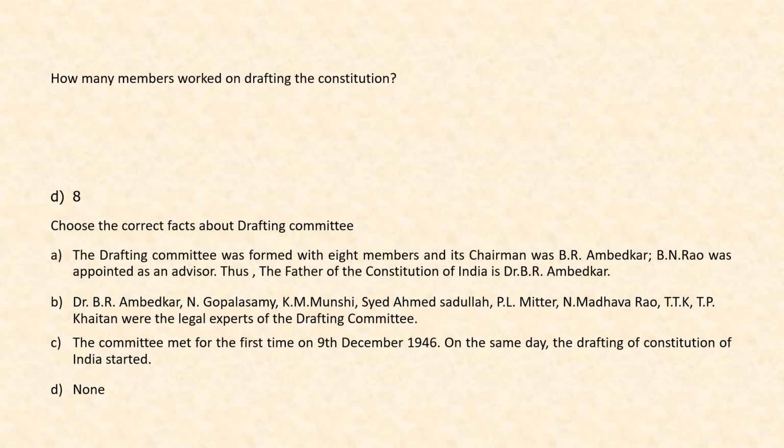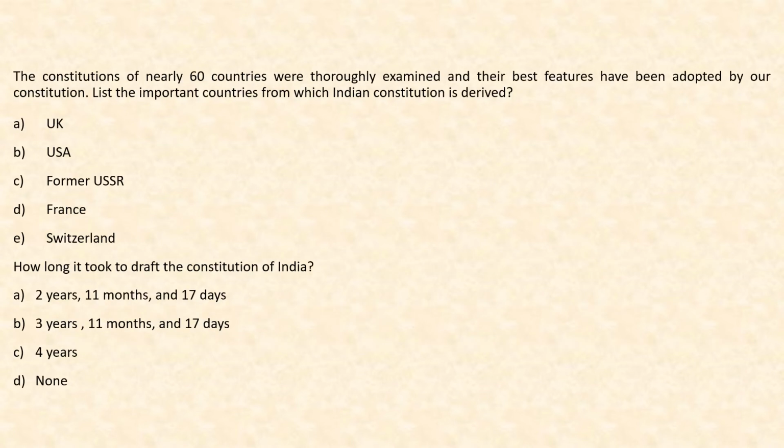Dr. B.R. Ambedkar, N. Gopalaswamy, K.M. Munshi, Syed Ahmad Sadullah, P.L. Mitter, N. Madhav Rao, T.T.K., T.P. Kaitan were the legal experts of the drafting committee. The committee met for the first time on 9th December 1946. On the same day, the drafting of Constitution of India started. All the above 3 points are correct.